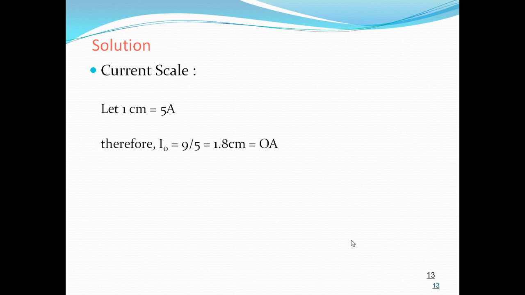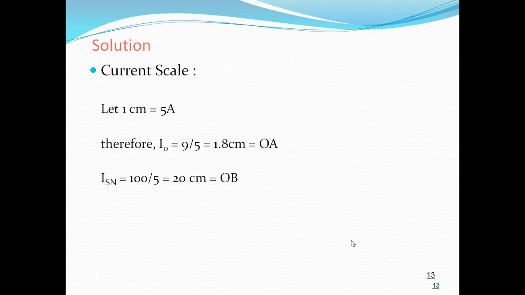So 9 amps converted into centimeters, that is 9 by 5, that is 1.8 centimeters. So that is nothing but OA. So the OA length is 1.8 centimeters, which represents the 9 amps current with a current scale of 1 centimeter is equal to 5 amps.